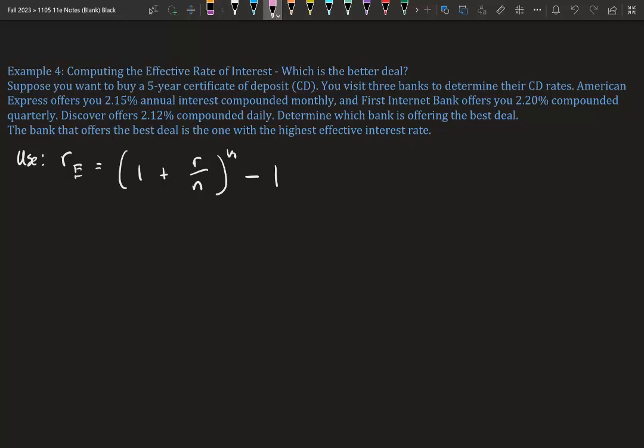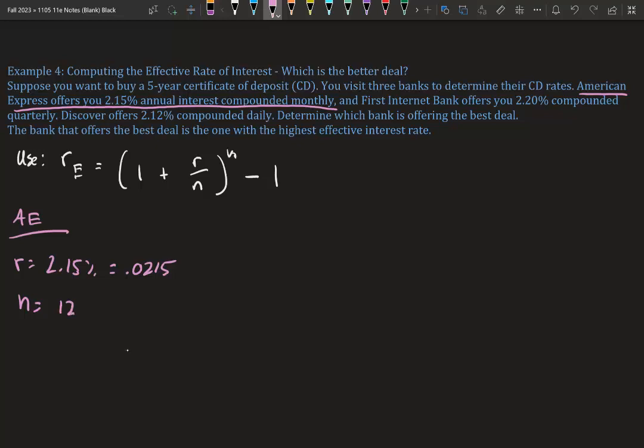We're comparing American Express, and they offer 2.15% compounded monthly. So the rate is 2.15%, which we know is going to be 0.0215, and it's compounded monthly. So monthly is 12. Your n is how often you compound.